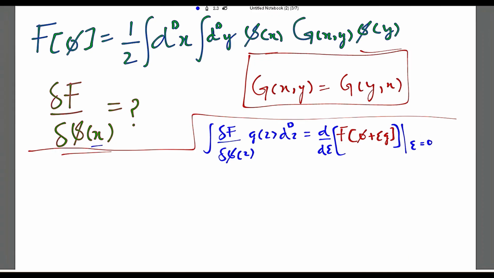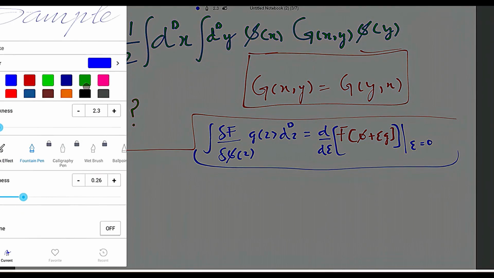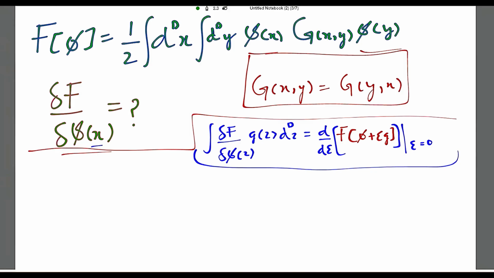Alright, so let's see how we can apply this most general rule to our example. So let's start from the differential form. As we all know, we always start from the differential form, and we'll write d by d epsilon, and what we need to do is calculate the functional at this argument. We know the functional at phi.